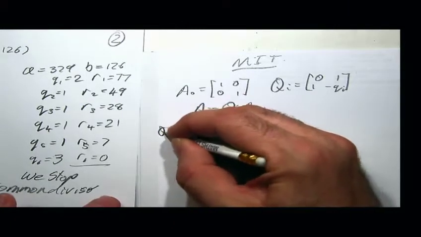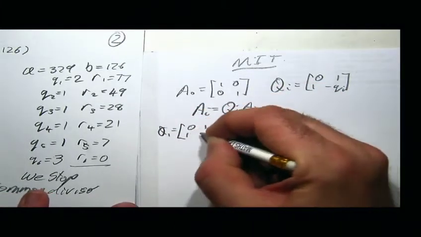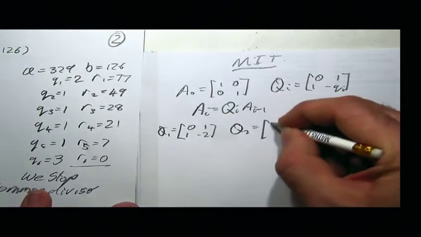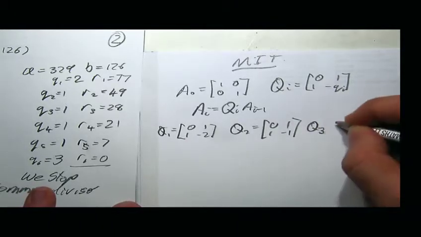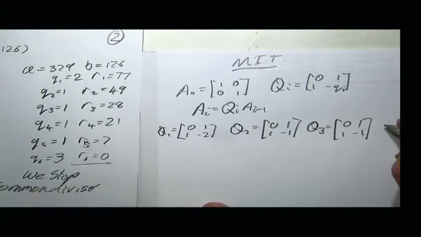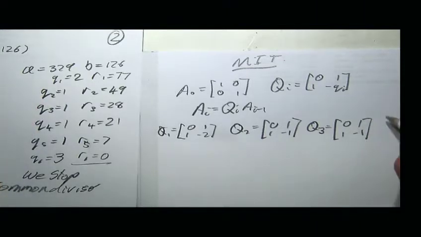So Q1 is equal to 0, 1, 1 minus 2. Q2 is equal to 0, 1, 1 minus 1. Q3 is equal to 0, 1, 1 minus 1. Q4 is equal to 0, 1, 1 minus 1.